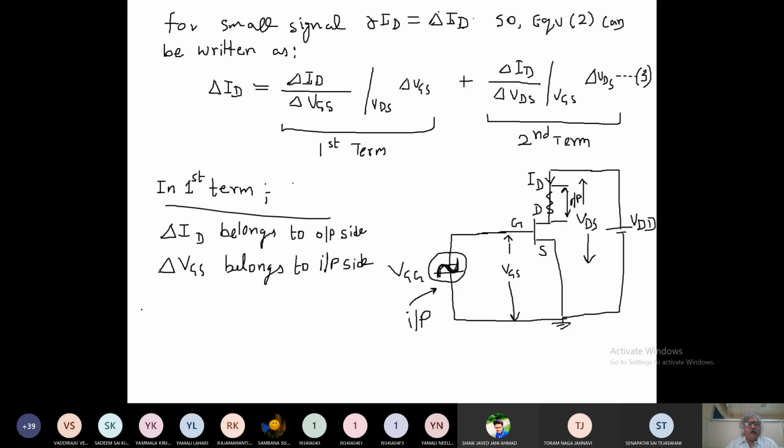Therefore delta ID and delta VGS have mutual relationship.